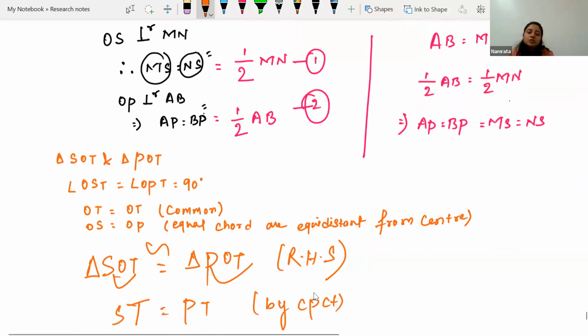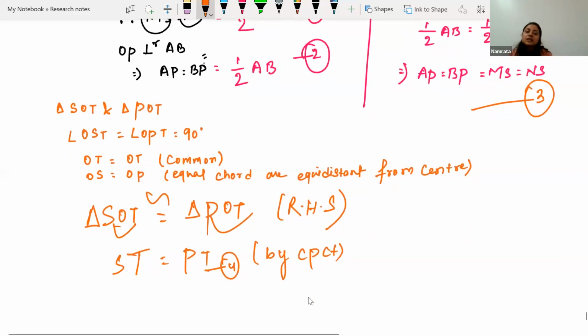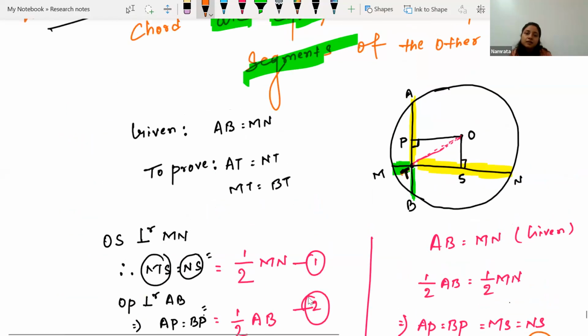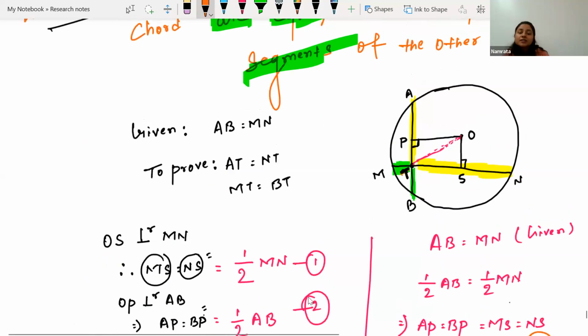Okay, now if this is equation number 3, then we have to use equation 4 and equation 3, and do something so that we will be able to prove it. So can we say that ST plus NS? How am I writing NS? All of a sudden, because ST is the yellow part, the other yellow part is NS.